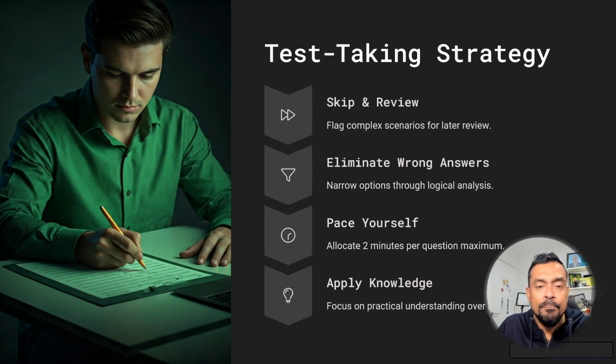Also, applying knowledge is very important. Focus on practical understanding over memorization, because you can't memorize each and everything. Sometimes some people use incorrect ways, such as trying to memorize answers from question banks. That is not going to work this time, because Certified Ethical Hacker version 13 AI has been released very recently and there are no questions that you can find to practice.